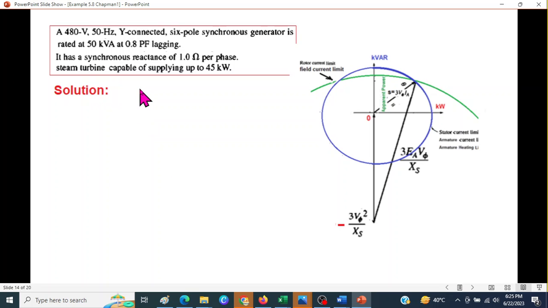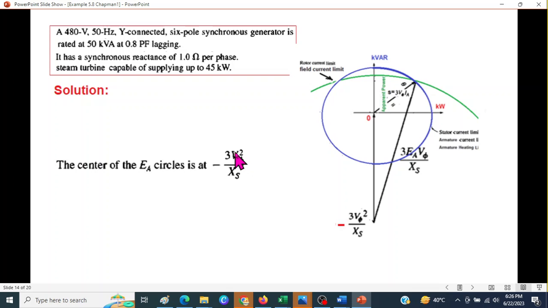Okay, so first of all, we'll plot something like this. Let's first see the center of the EA circle. This was the center, negative 3V_phi squared over Xs. So Xs, the reactance, is given here.